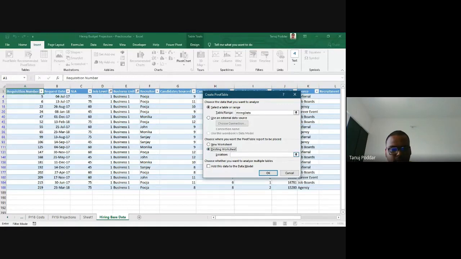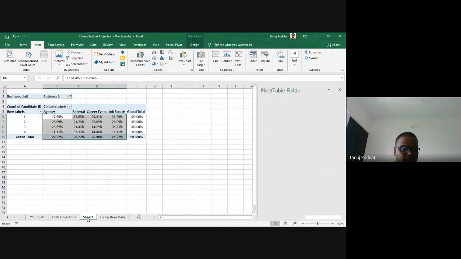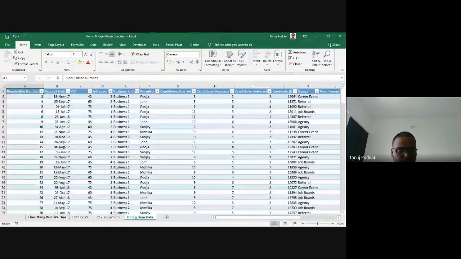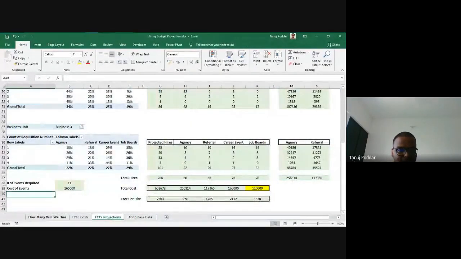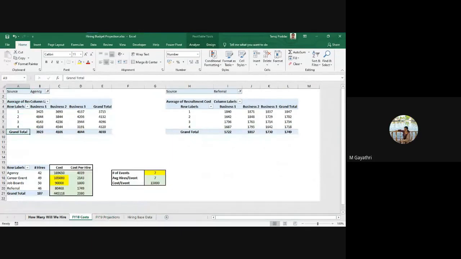If you go even one cell up or down while using an existing sheet to paste that pivot, all the values will not work. And since this is a virtual environment, it will be difficult for me to understand where people have gone wrong. That is why I'm going with the approach where I tell you to copy and paste the values here. But in the file that I'll be sharing, which has the final calculations and everything, you'll see that the pivot tables are there in line within the sheets itself. Okay, thank you so much, sir.